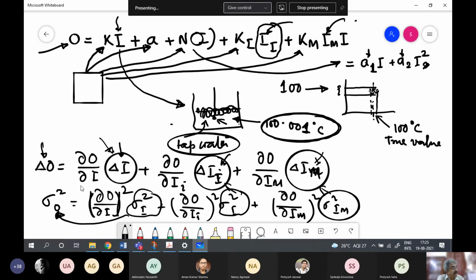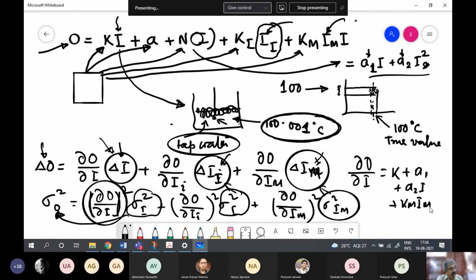Since you know the model, for example, you know the value of delta O by delta I. From this model, it is clear that delta O by delta I is equal to K plus A1 plus A2I plus KM IM. You can use the mean values of these, which you think you know, to calculate the mean value of this.